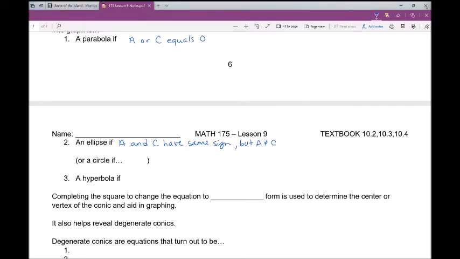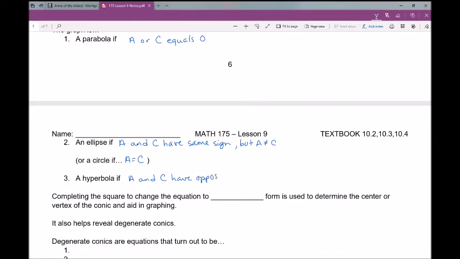Now if a does equal c, then you have a circle. Okay, so remember in the ellipse video we said that a circle is basically a special case of an ellipse, right? And thirdly, we have a hyperbola if a and c have opposite signs.